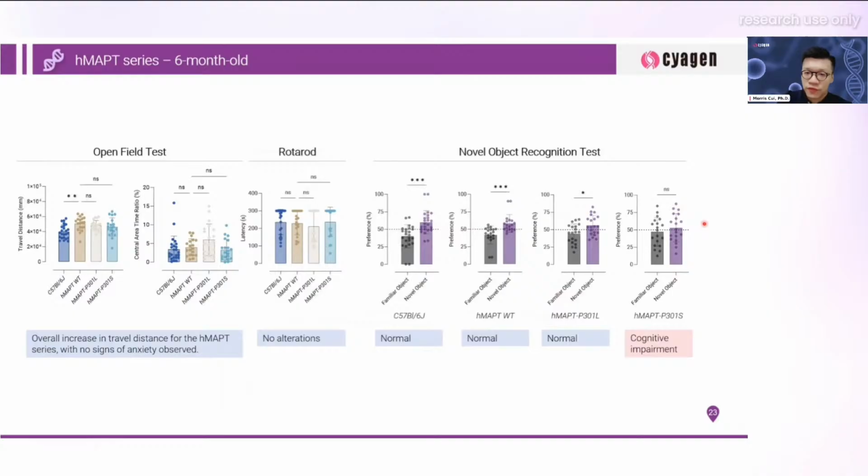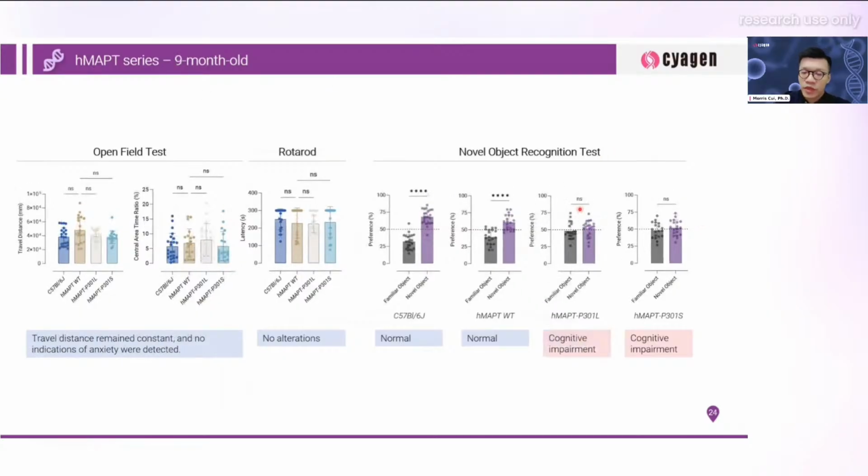They sort of lost the ability to recognize the novel object and get it mixed up with the old familiar object. That being said, by 6 months old, in the HUGO P301S strain, there is observable cognitive impairment, which also correlates with human disease because human patients with P301S do have an accelerated pathophysiology.